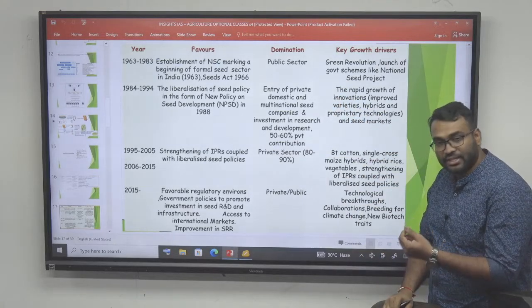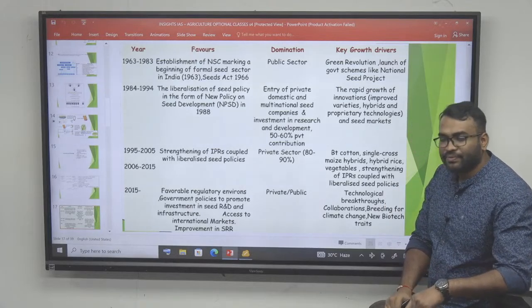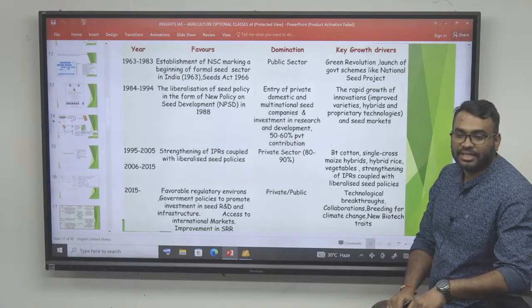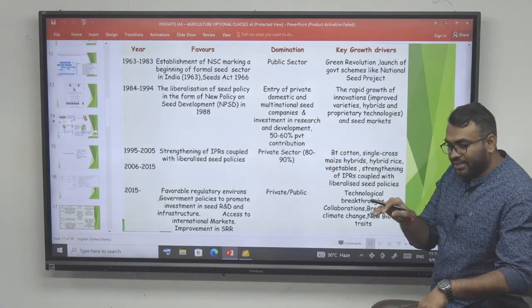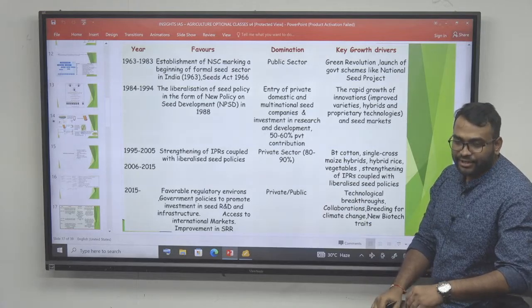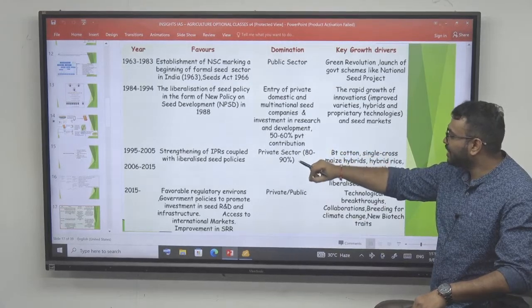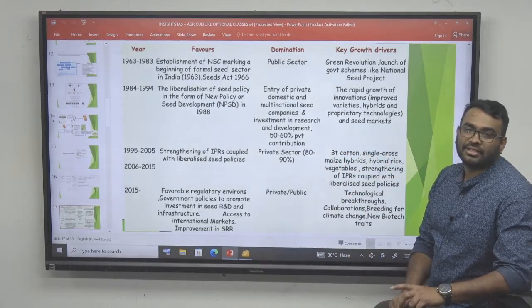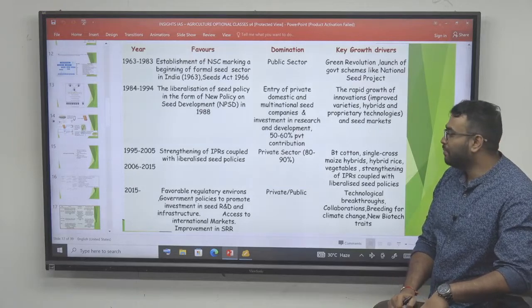After that, before the economic reforms, that is the LPG reforms, the private domain was trying to enter into the public market. That was happening, but essentially it was still being done by public enterprise, with the majority under public itself.